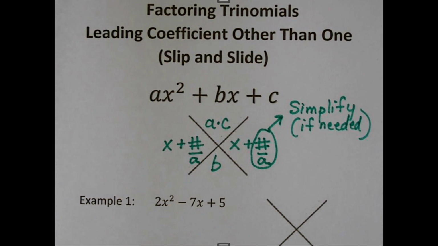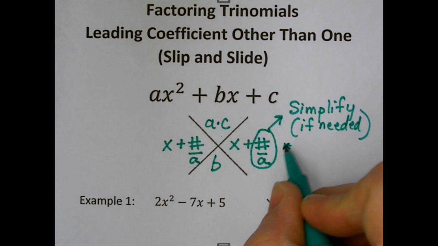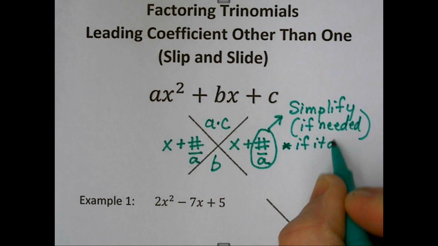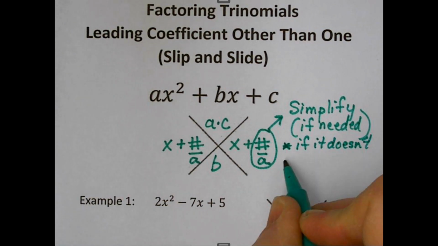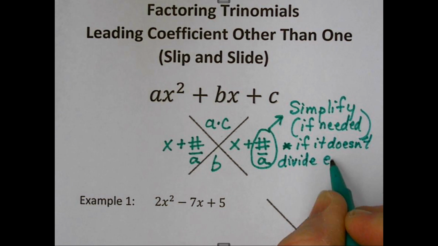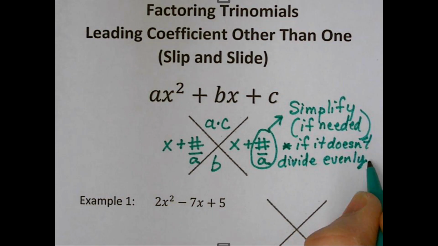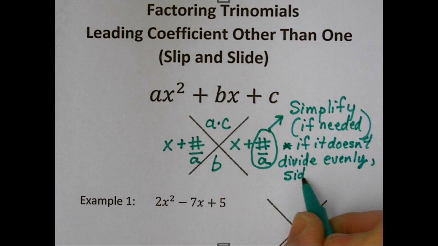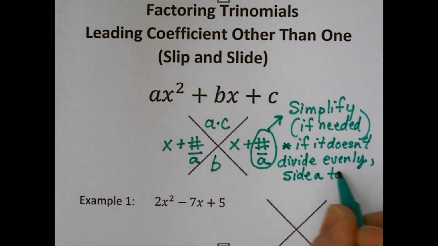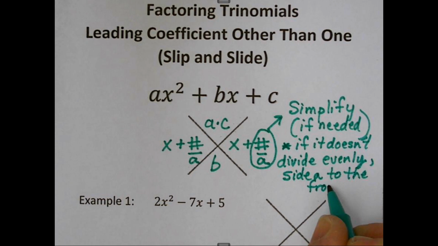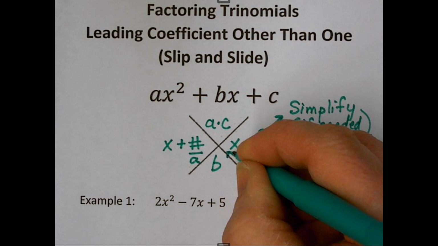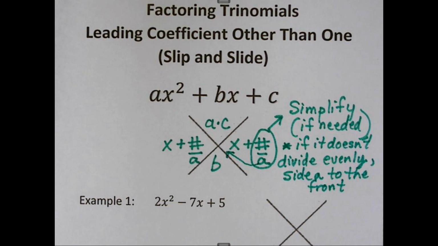Little star, asterisk: if it doesn't divide evenly, slide A to the front. I'm just going to draw a little arrow there. Sometimes it will divide out evenly, and we won't have to do that. This is called the slip and slide method. If you're watching the video, you can pause and make sure you get that all written down. So that's going to be our rules.